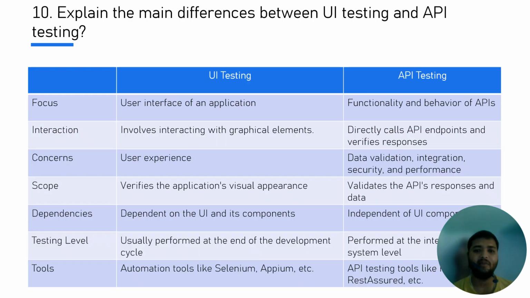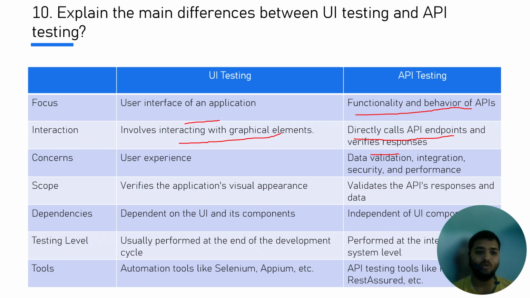Explain the main difference between UI testing and API testing. UI focuses on the user of an application, while API focuses on the functionality and behavior of the API. UI interaction involves interacting with graphical elements, while API interaction directly calls the API endpoint and verifies the response.